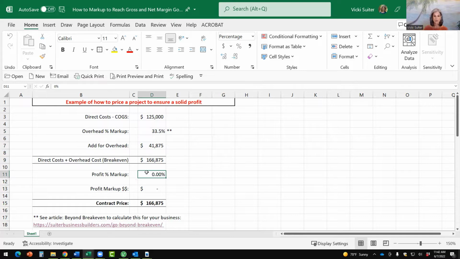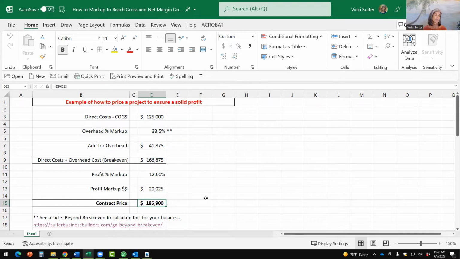So if I have a 10% net profit goal, if I mark this up, and I'm going to just say for the sake of conversation, I'm going to mark this up 12%. So if I mark this up 12%, then I'm adding to my base cost of $125,000 for direct cost, the cost of goods to do that work, I'm marking up $41,875 for overhead, and then I'm marking up another $20,000 for profit.